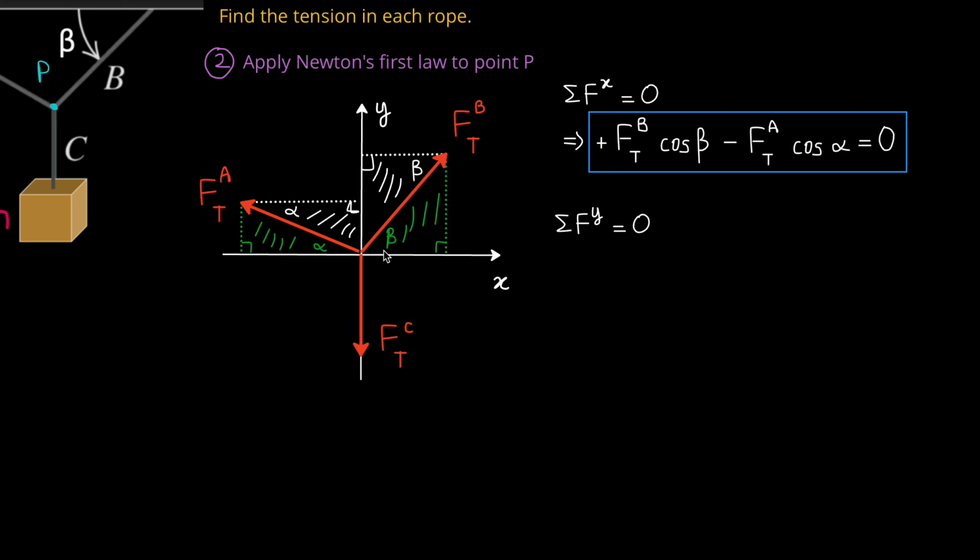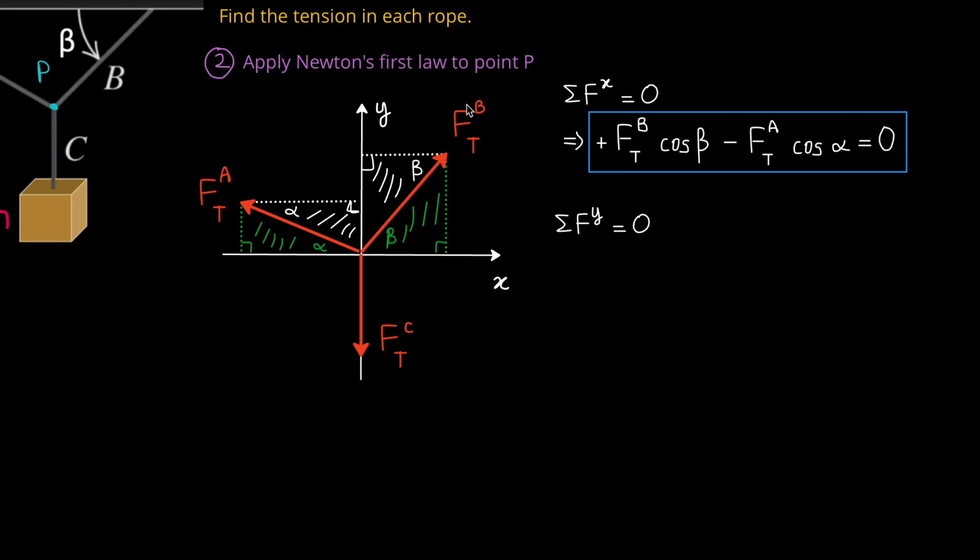Again, that's sine beta then. So the y component of FTB is equal to FTB, the magnitude of the force vector, times sine beta, again with a positive sign because this vector is also pointing up. So that is our positive direction.